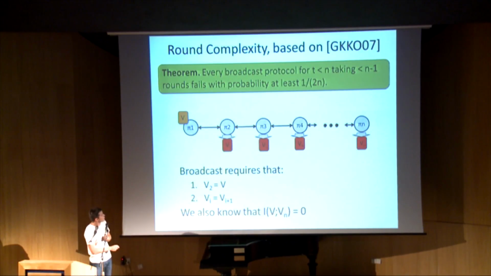And finally, let's take the last guy. Because we assumed that we have strictly fewer than n-1 rounds, there is no way he can learn any information from the sender. It cannot just propagate to him. So the mutual information between this output value vn and v is 0.